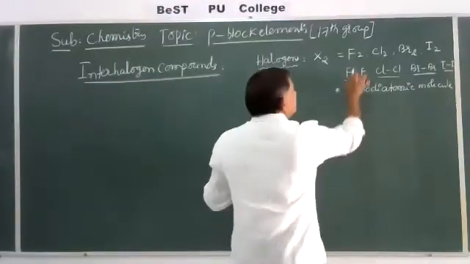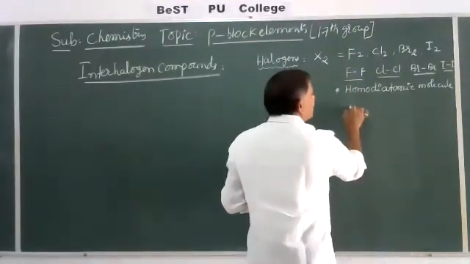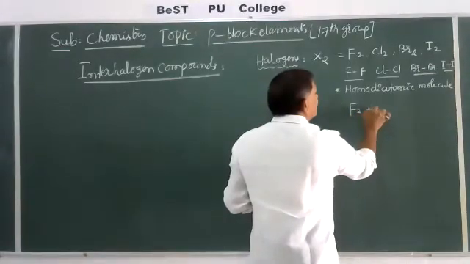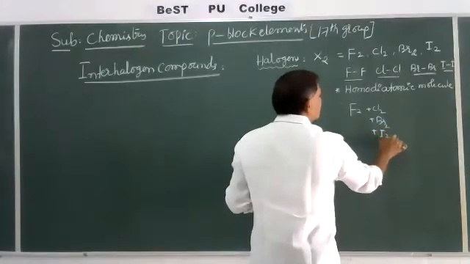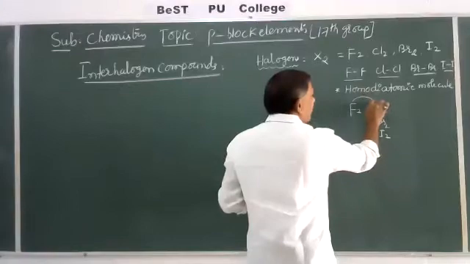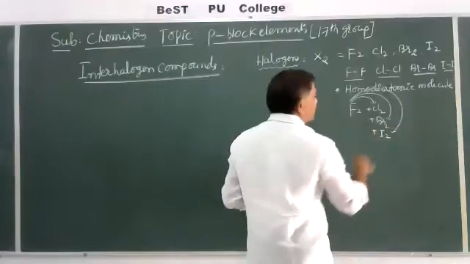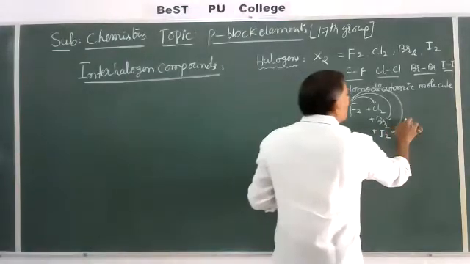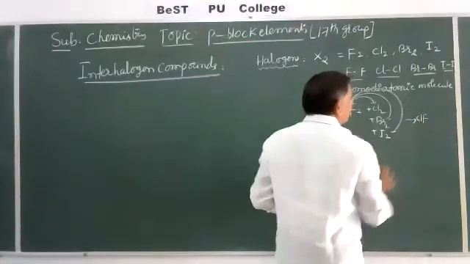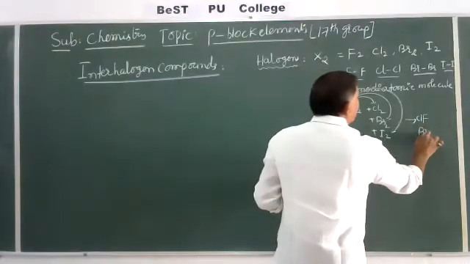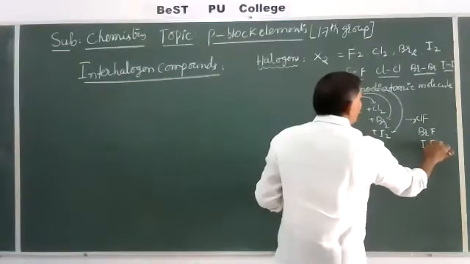Interhalogen compounds means halogens combine with other halogens. Fluorine combines with chlorine, bromine, or iodine, like fluorine and chlorine, bromine and fluorine, iodine and fluorine.